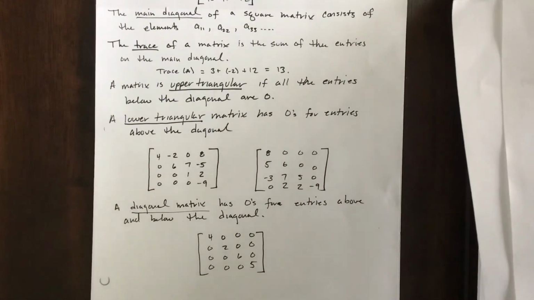All right, so a matrix is upper triangular if all the entries below the diagonal are 0. And it's lower triangular if all the values above the diagonal are 0.